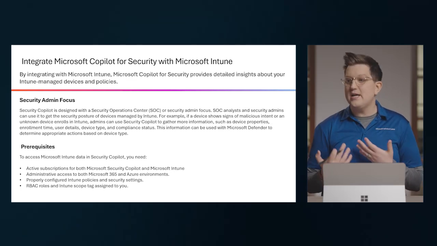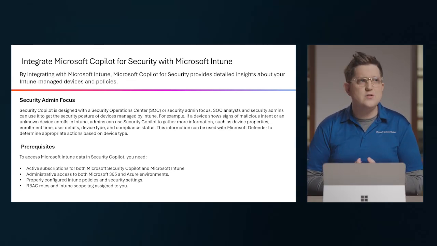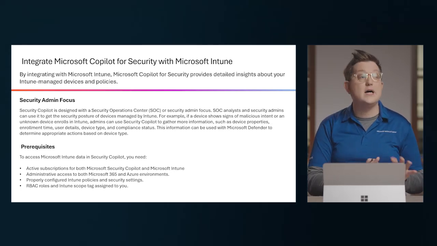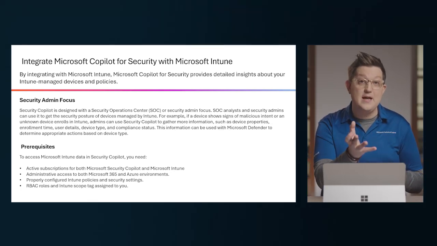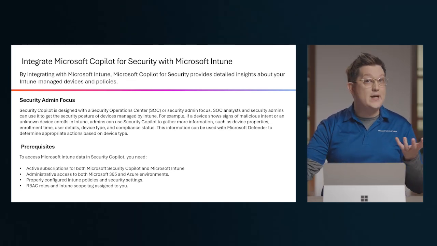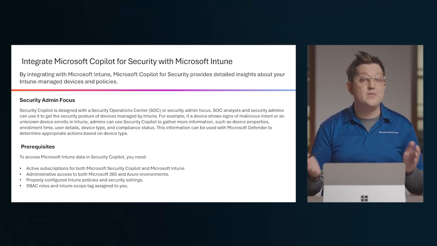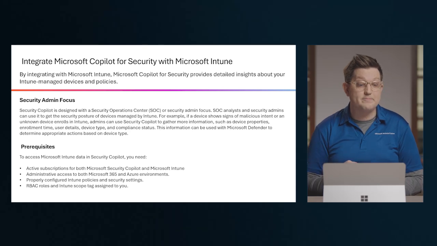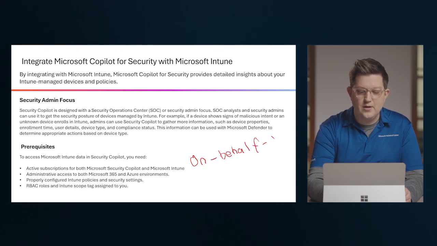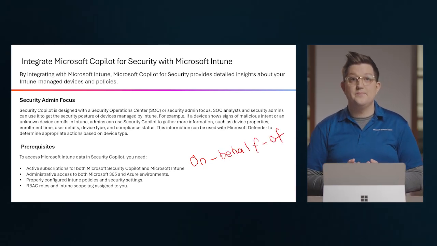So when you ask a question that says, hey, when did this user last log in? Can you correlate that across to data that I have in my Sentinel environment as an example? That would require you to have access to be able to read data from both of those points. And the plugin system is how we achieve it. Now, Copilot for Security uses a methodology called on behalf of sign-in mechanisms.